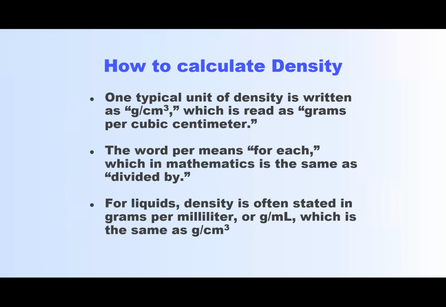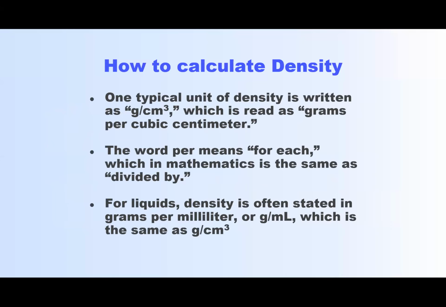So, as mentioned earlier, one typical unit of density is written as gram per cm cube or gram slash cm cube, which is read as gram per cubic centimeter. The word per means for each, which in math terms means divide by.